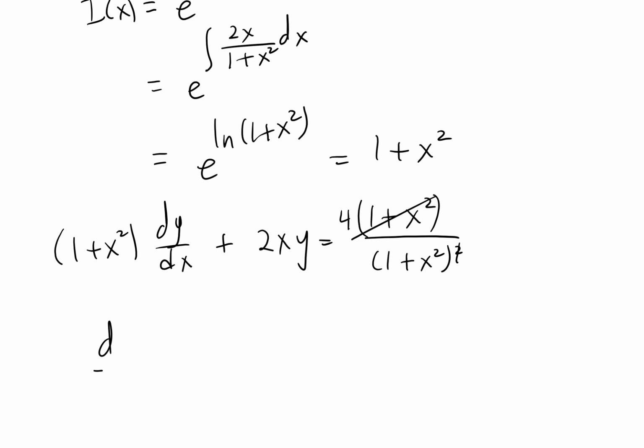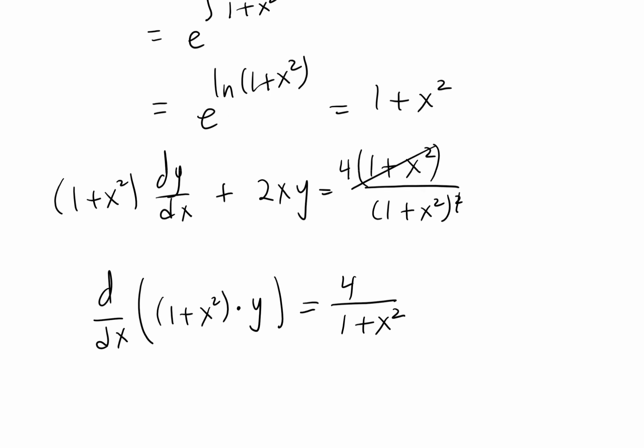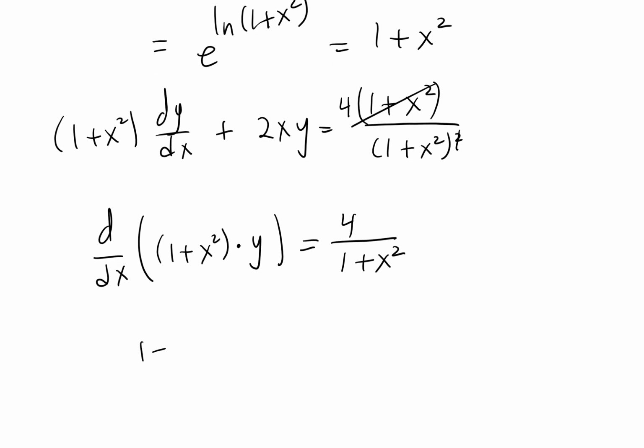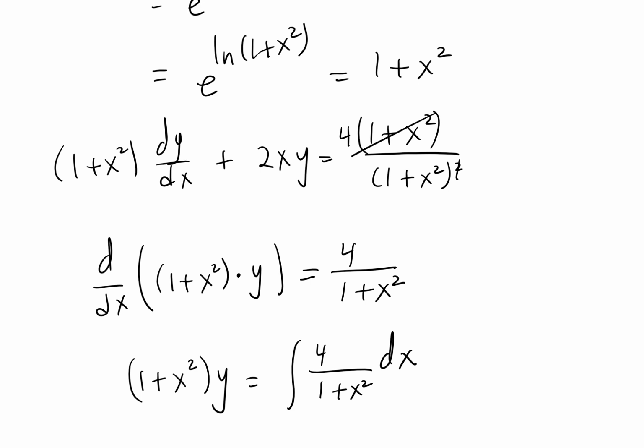And always it's going to be d dx of the integrating factor 1 plus x squared times y equals 4 over 1 plus x squared. Integrating both sides, 4 over 1 plus x squared dx. Don't forget the dx.